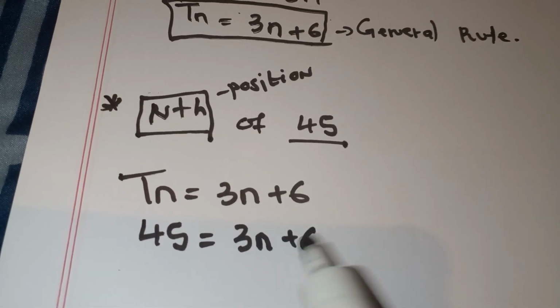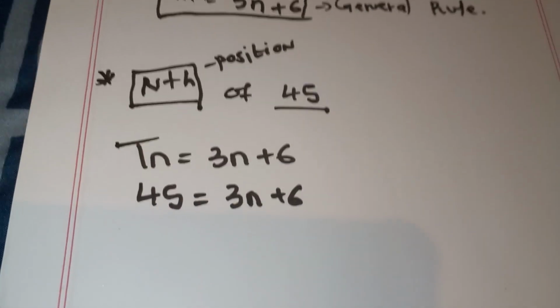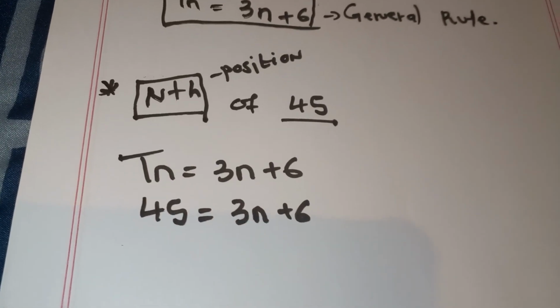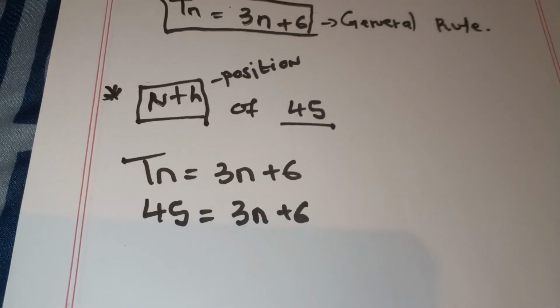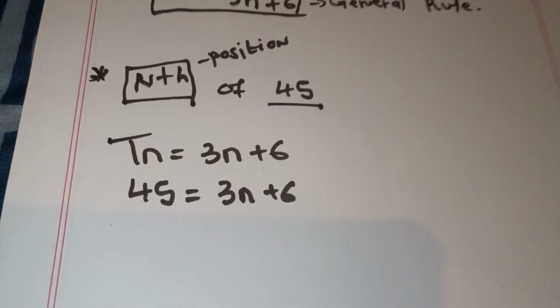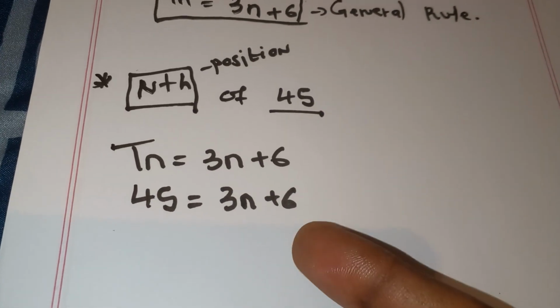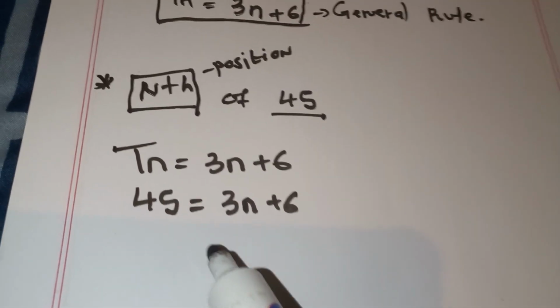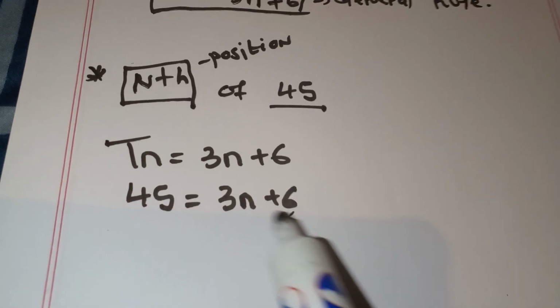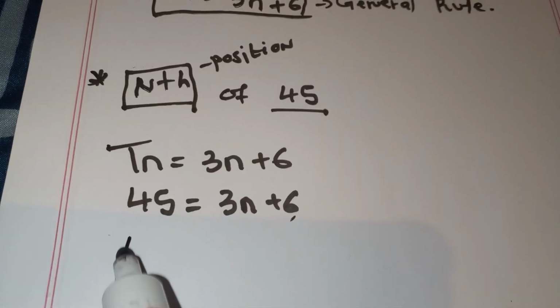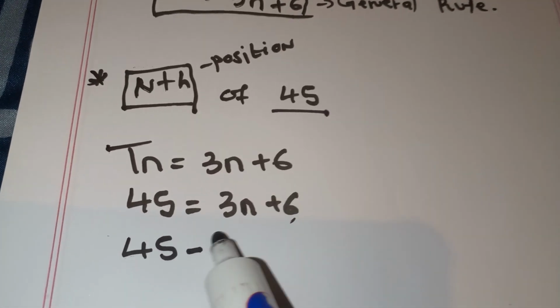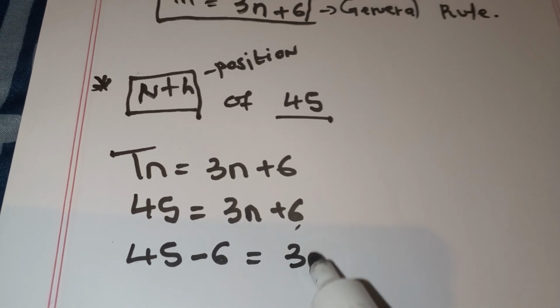3n plus 6. That means we are solving for n, guys. Now this is a simple linear equation. This 6 is positive, so we transpose it to the other side: 45 minus 6 is equal to 3n.